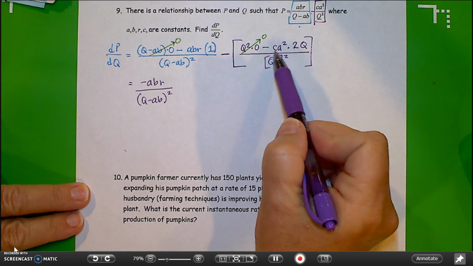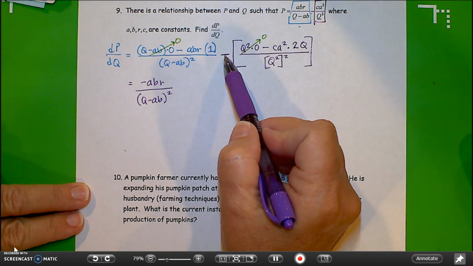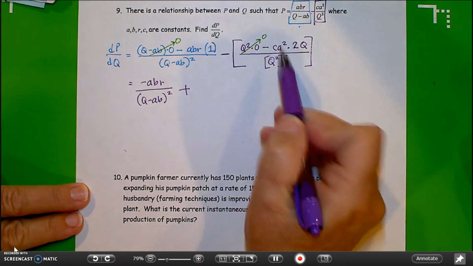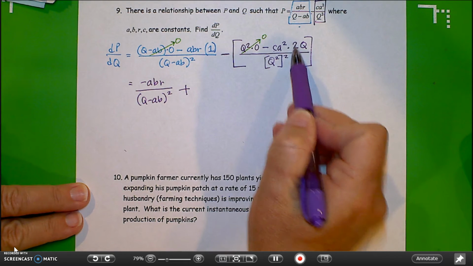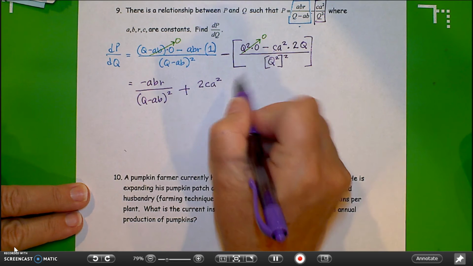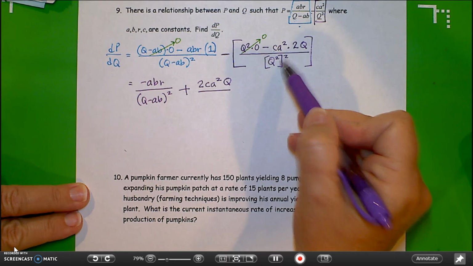Over here, my numerator, I have a minus Ca squared 2q, and if I distribute that negative, this makes it positive. So I'm just going to say plus. And I'm going to put these in order. My numerics need to be first, so it's 2Ca squared q all over, and this would be q to the 4th.